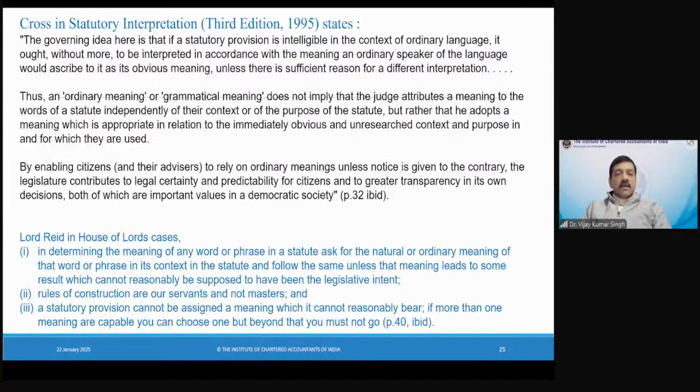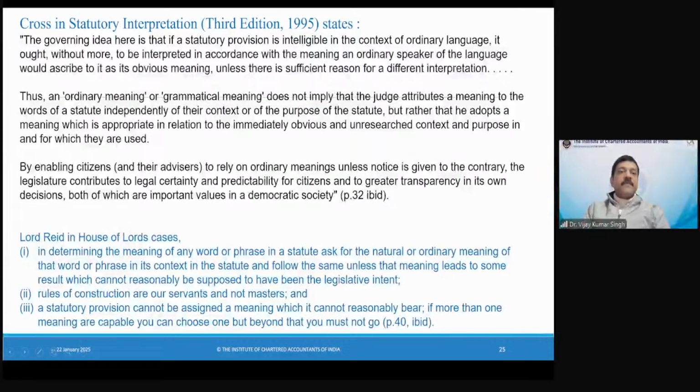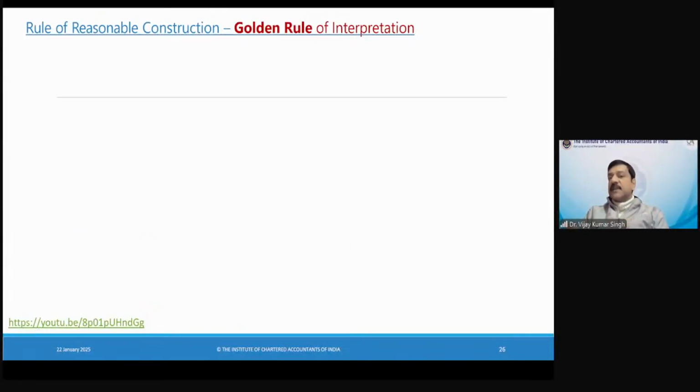Now, let us move further and talk about, just a second, I think the presentation has gone heavy. Yes. So, rule of reasonable construction. This is the second rule of construction or interpretation. The rule of reasonable construction is also referred to as the golden rule of interpretation.